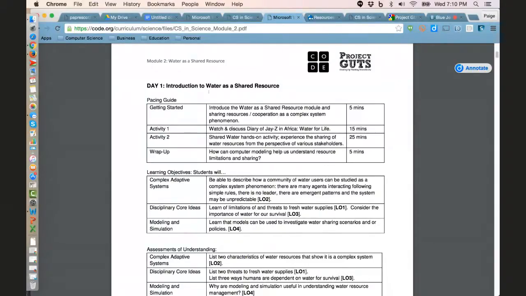And so for water as a shared resource, we encourage using these videos that are engaging. One of them is Jay-Z, and I know you're like, what? But he actually does a great job. He is the water ambassador for the UN, and he's in Africa, and the kids just love seeing him because he's very honest about how he didn't realize how big of an issue water was in that region, and it has a nice discussion.